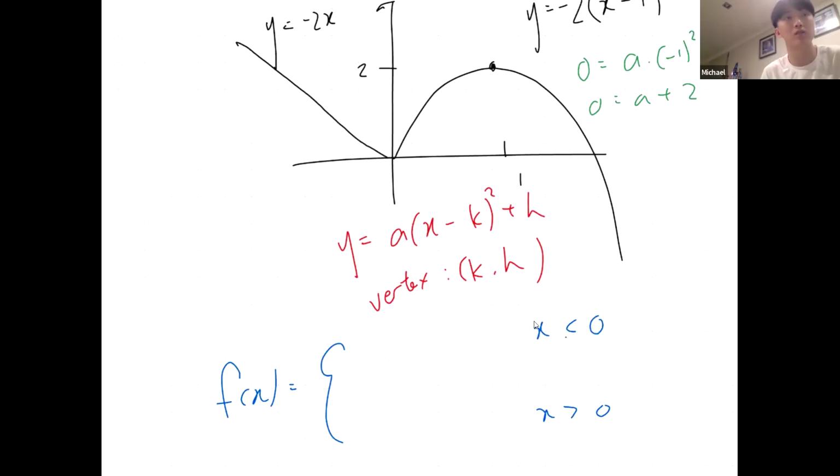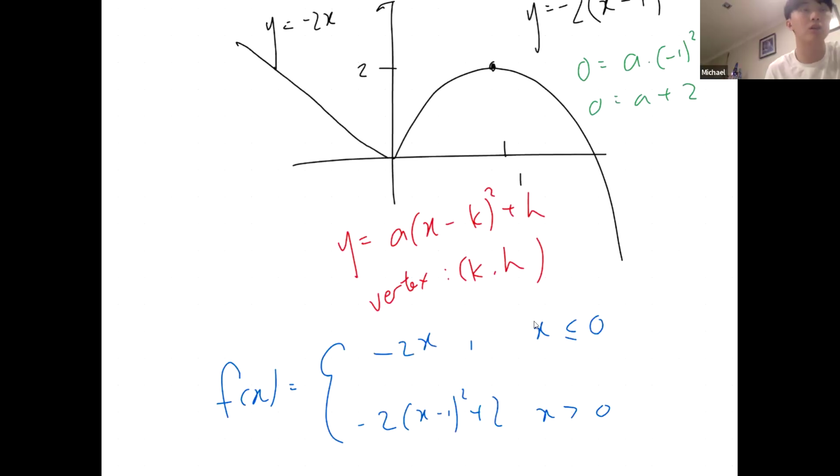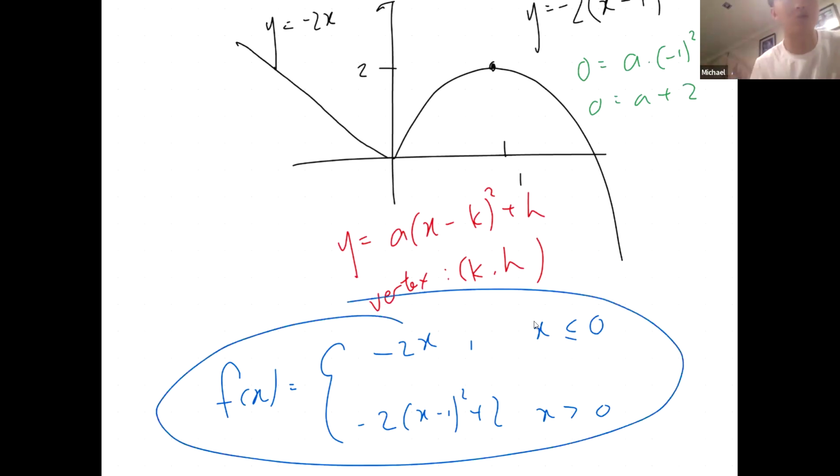So let's say x smaller or equal to 0, and the equation is negative 2x minus 1 squared plus 2. I'm just putting the two different equations in. There's nothing too hard about putting this all together. When you have the equations, you just put them together as a piecewise function.